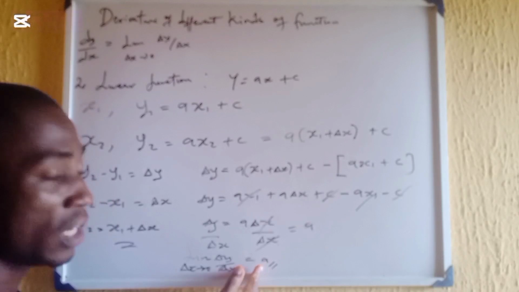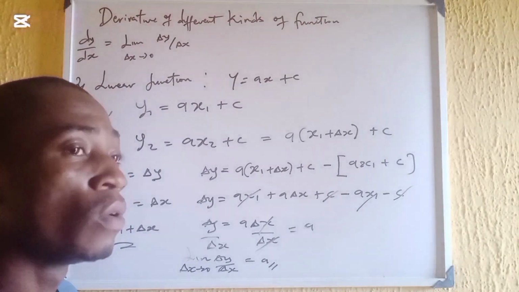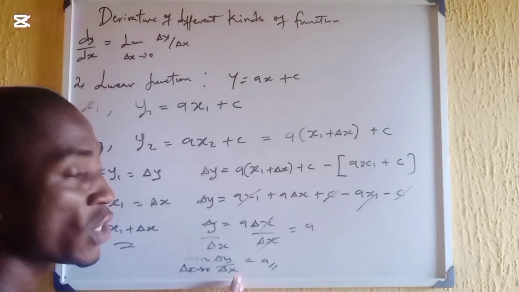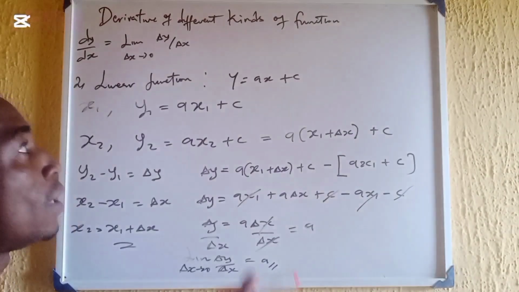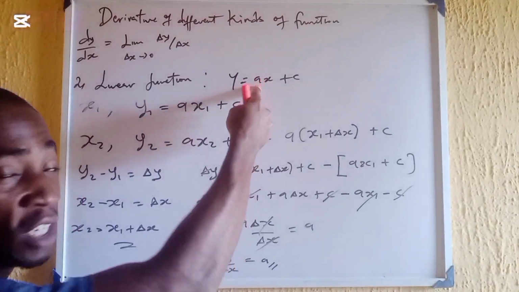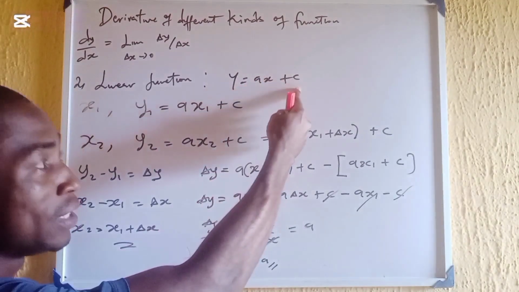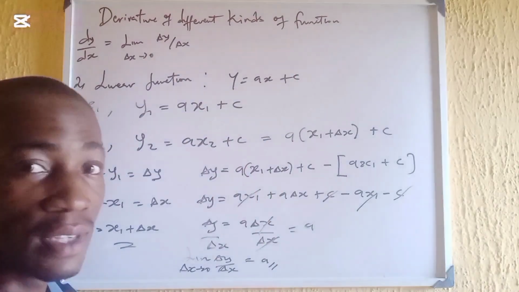But in this case, a will not be 0. So a will either be 1, 2, 3, depending on what you have as your a. So that's the derivative of a linear function, the coefficient of x. Remember that if you have the equation of a linear function, the coefficient of x is the slope, then this constant is the intercept. So you can say that it's just the same thing.